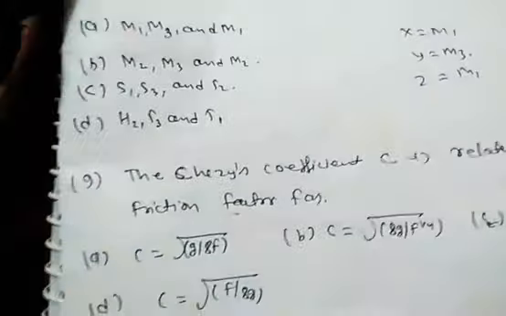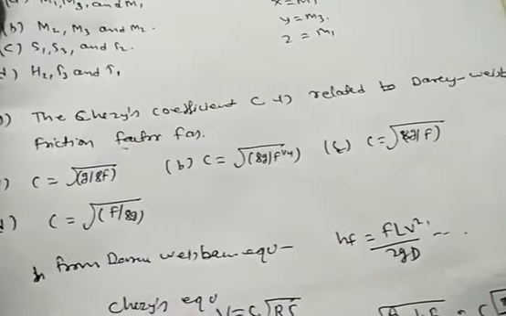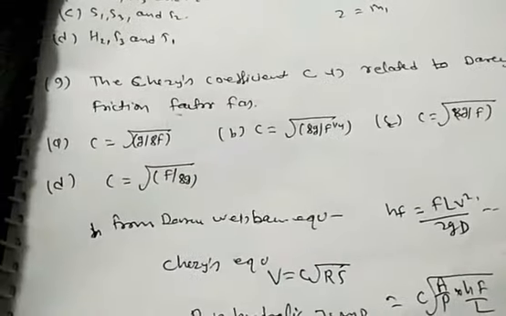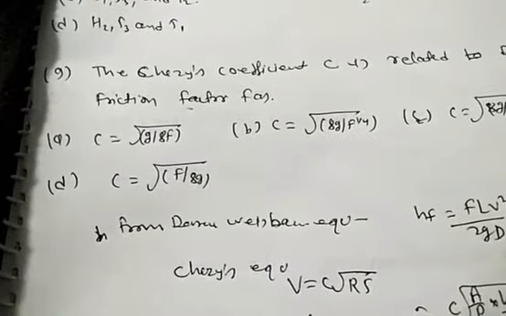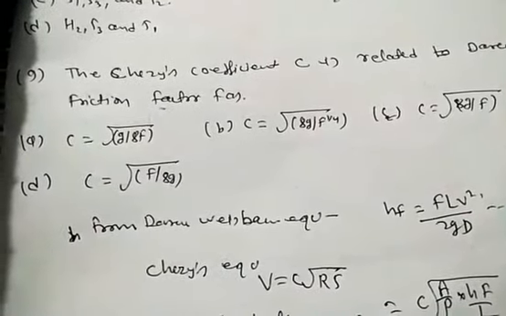And next question is the 9th question. The Chezy's coefficient C is related to the Darcy-Weisbach friction factor f as, options A, B, C, D. And option C is correct, under root 8g by f.